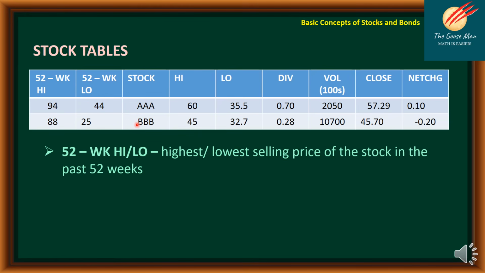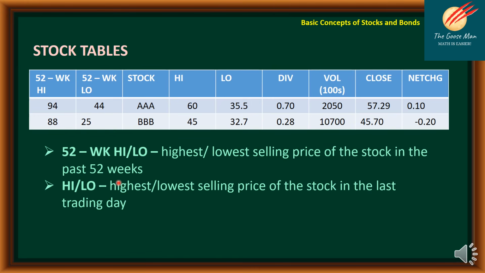While the stock BBB has the highest of 88 while the lowest is 25. Again, the high-low is the highest and lowest selling price of the stock in the last trading day. Observe, AA has 60 as the highest, while the lowest is 35.5. While for BB, we have 45 and the lowest is 32.7.